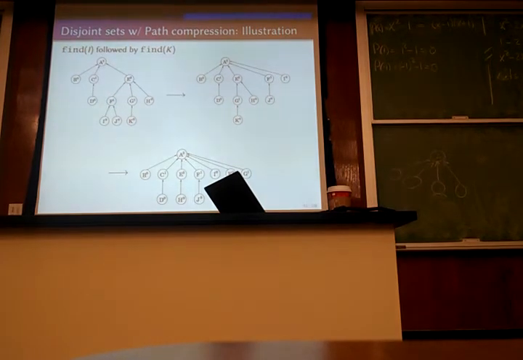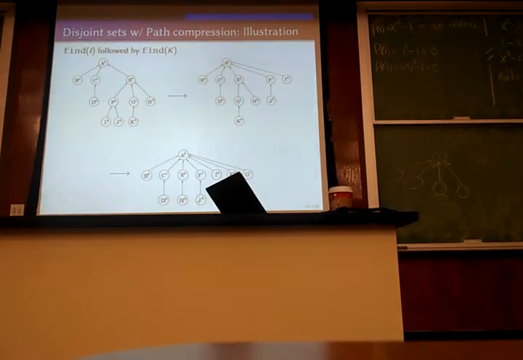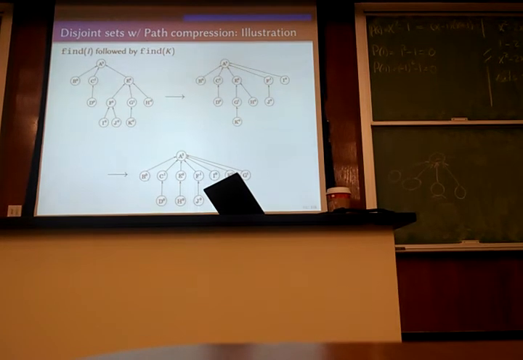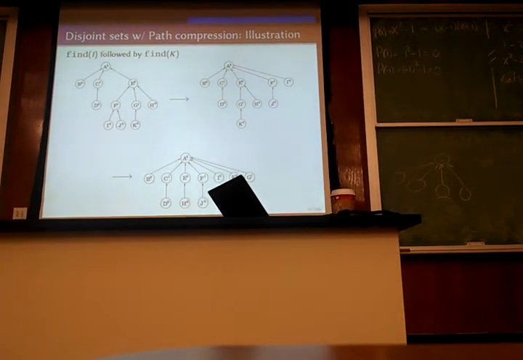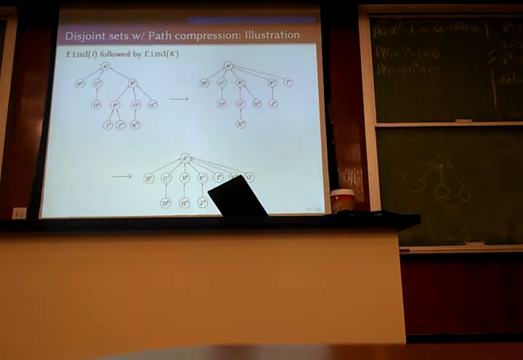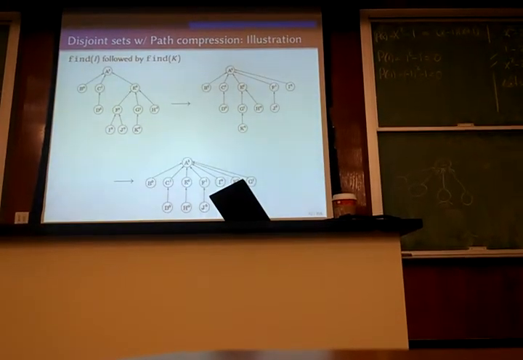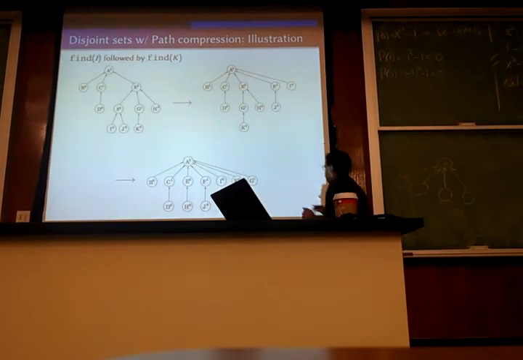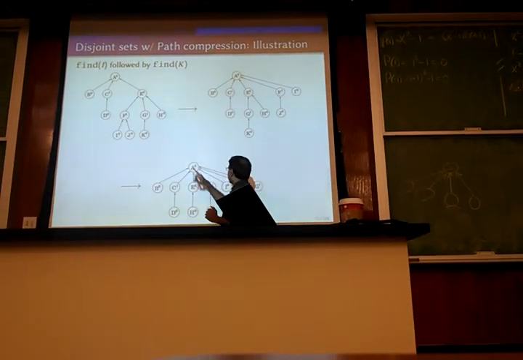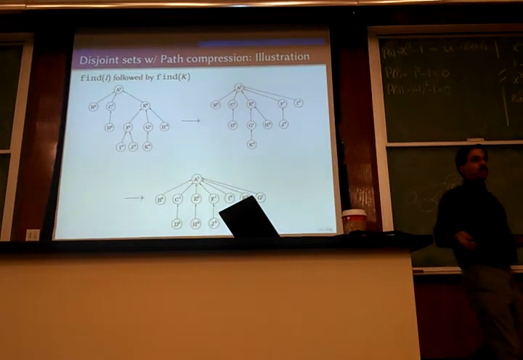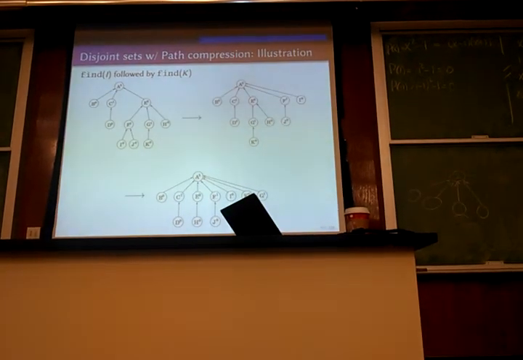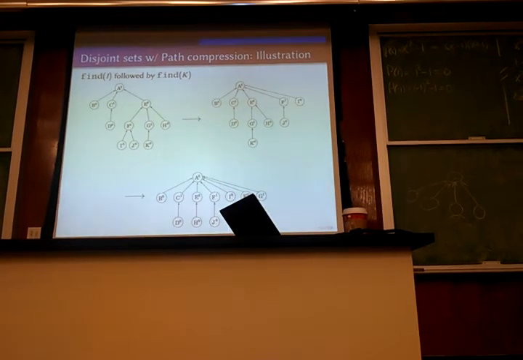That's not true. It is true that if you do a find on an element and then there are no unions involving that set, then from now on its cost will remain 1. But if you keep doing some unions, then after some number of unions, this element G might find itself at a depth of 4, and then you've got to follow 4 pointers to get to the root.